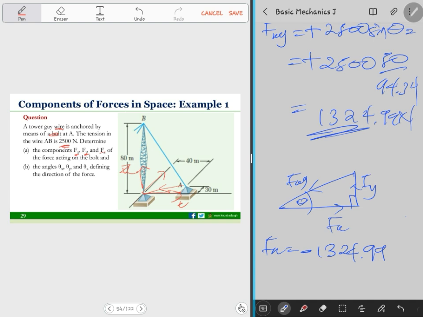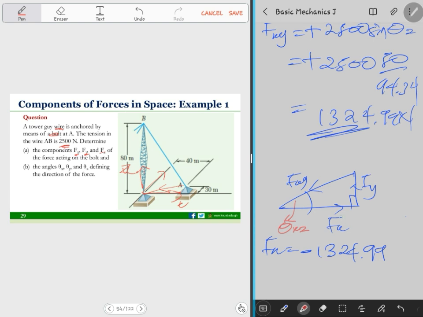This Fx here, in actual sense, because of what we've done so far, this angle here is not just theta, but it will be something like theta xz, because it's the angle that the force will make with the xy plane. So let's make it that way.